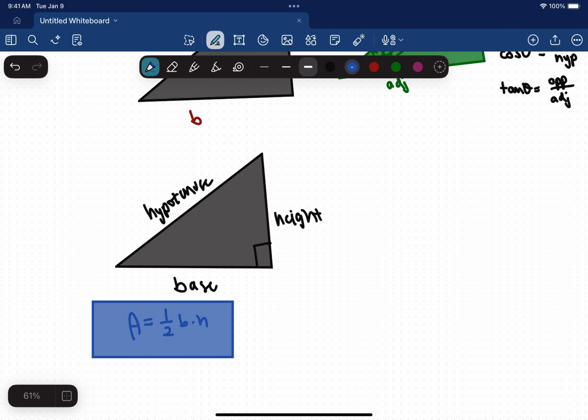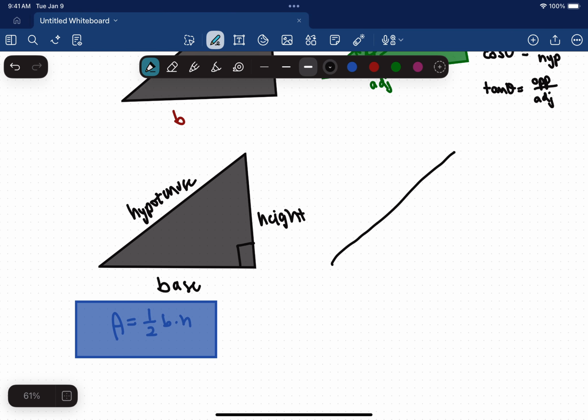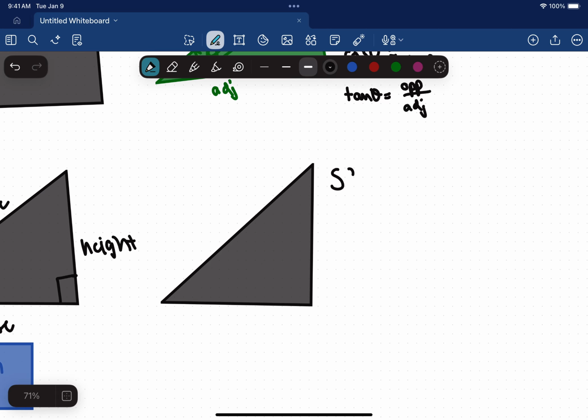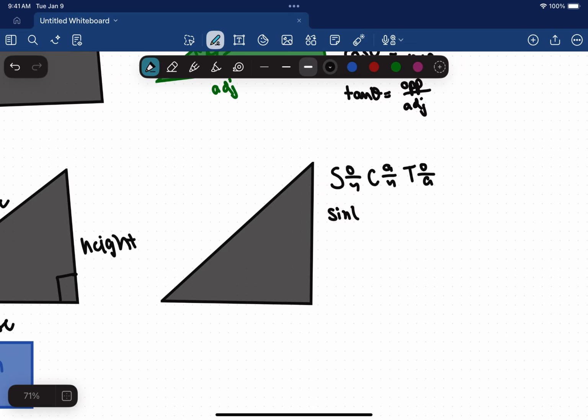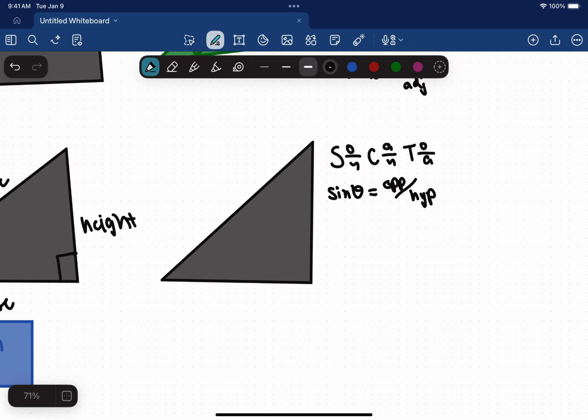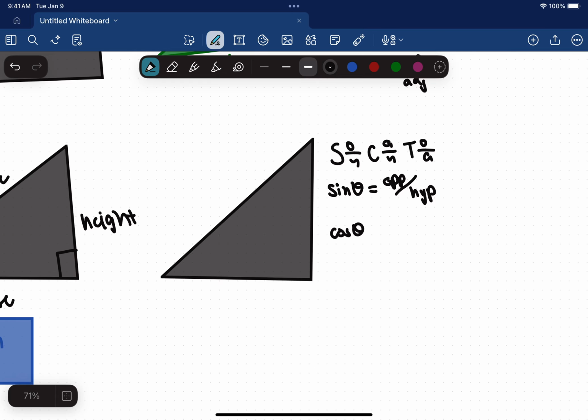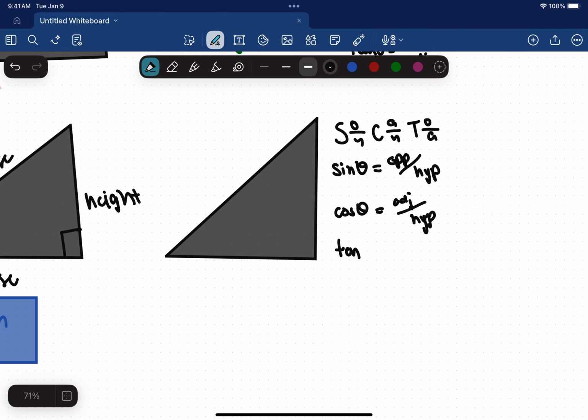And also, there will be a thing called SOHCAHTOA, which means sine theta will equal opposite over hypotenuse. Cosine theta will equal adjacent over hypotenuse. And tangent theta will equal opposite over adjacent.